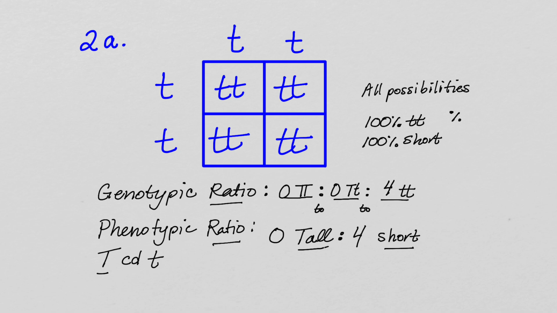And the other way you could be asked to report this information, or if you were reporting the information to someone, you could also do it as a fraction, which you included in one of your answers. So you could say 4 out of 4 of our offspring are going to have homozygous recessive genotypes or be short, right? And that's how we end up getting a percentage based out of those fractions, because we always have 4 possibilities.